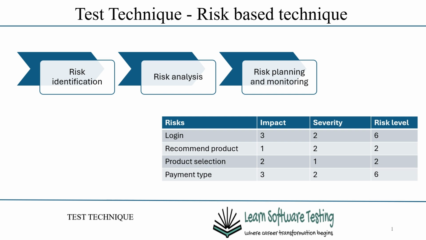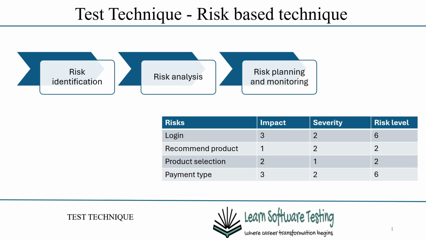An example here is an e-commerce system, where you have 4 features that need to be tested: the login feature, the recommend product feature, the product selection, and payment type.